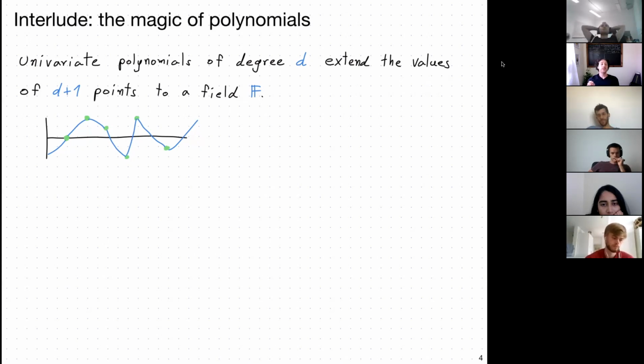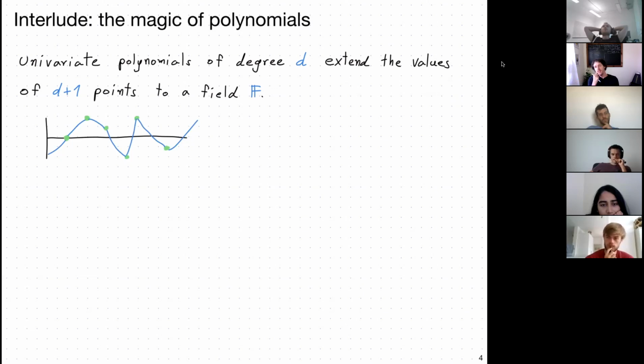So I have this function and I know its value at those points. It's like what you see in high school when you take some parabola and you fix 3 points, and then you know the entire parabola everywhere. Similarly, with a low degree polynomial, you fix d plus 1 points, and that fixes the value of the function over the entire domain.